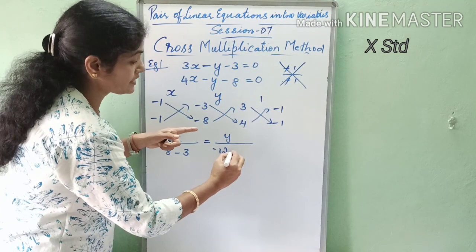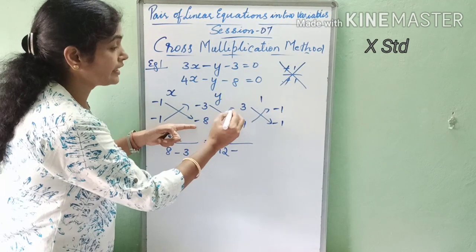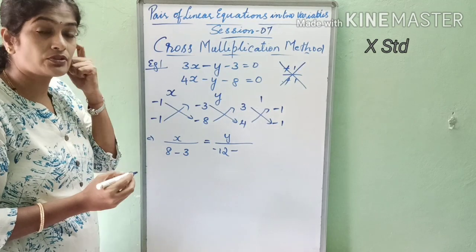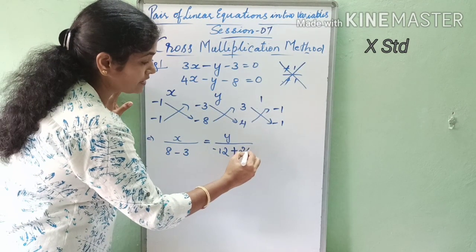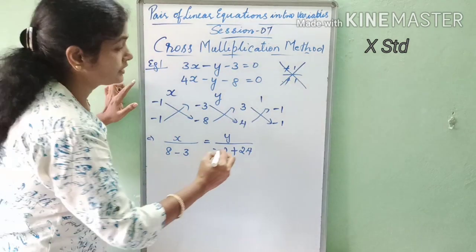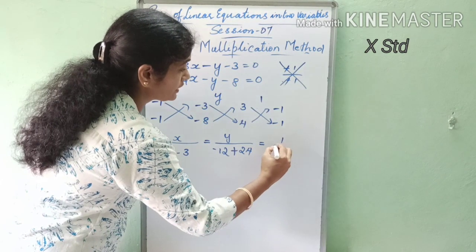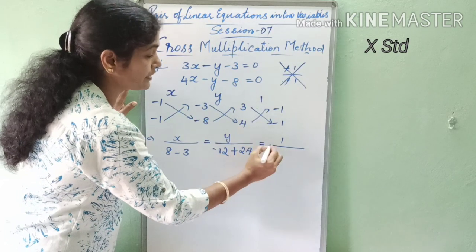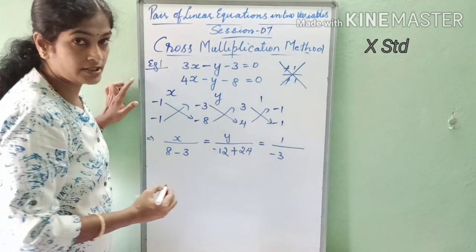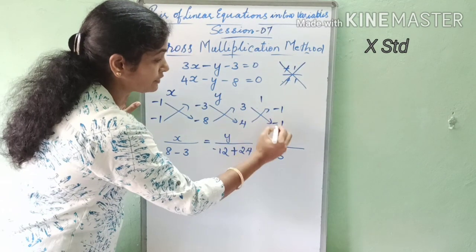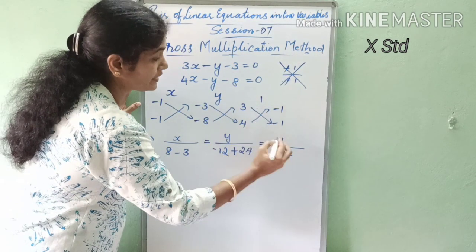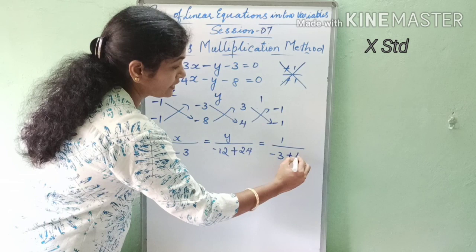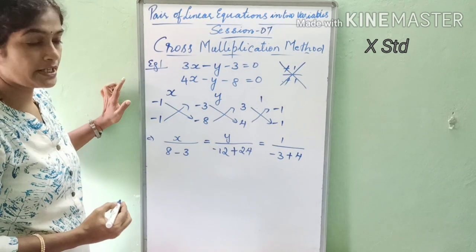Then the minus sign as it is, then minus 8 into 3 is minus 24. Minus into minus becomes plus, so plus 24. This is equal to 1 divided by 3 into minus 1, which is minus 3. Then the minus sign as it is, which comes in the formula. Then 4 into minus 1 is minus 4, and minus into minus becomes plus 4.